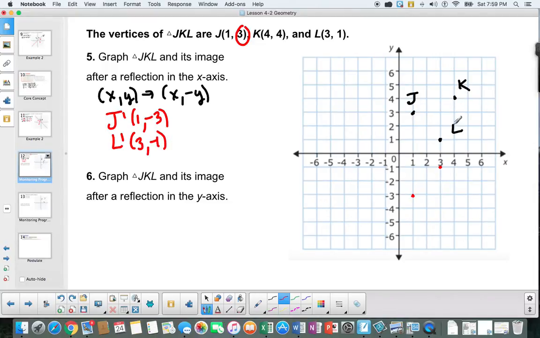And K will be 1, 2, 3, 4, 1, 2, 3, 4. This will be K prime. And K prime will be 4, negative 4. So each of these y values have changed their sign, and you can see that this is a reflection across the x-axis.